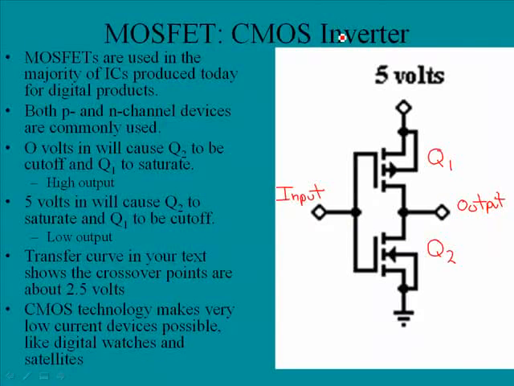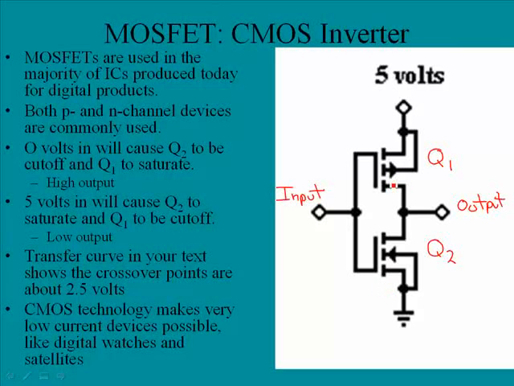Then we have the MOSFET, and this is a CMOS inverter. MOSFETs are used in the majority of ICs produced today for digital products. Both P and N channel devices are commonly used, and if you look at this, here we have an input, here we have an output. This is an N-type CMOS, and this is a P-type.